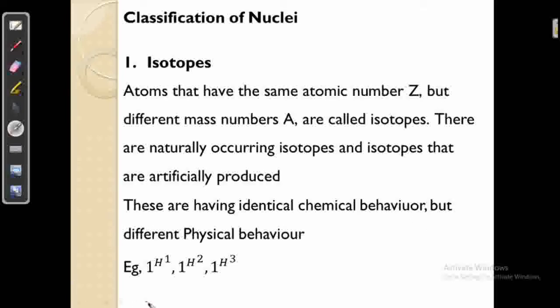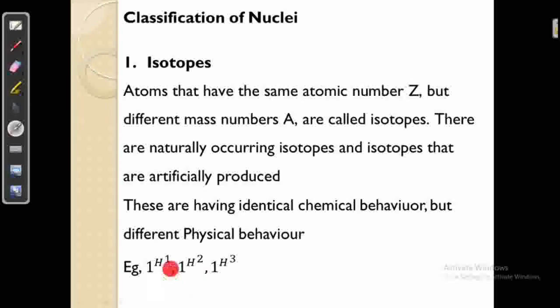A very good and common example that we have used several times is the isotopes of hydrogen. Ordinary hydrogen contains no neutron, only a proton in its nucleus. The next one is an isotope of hydrogen where the neutron number is different.